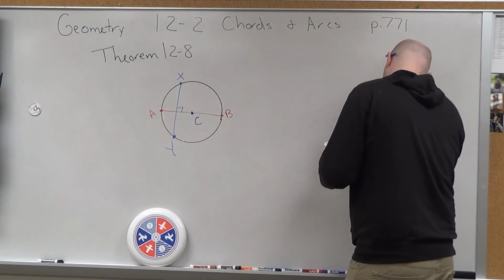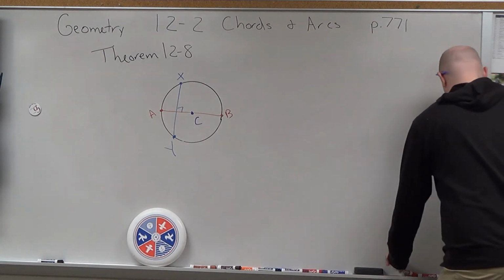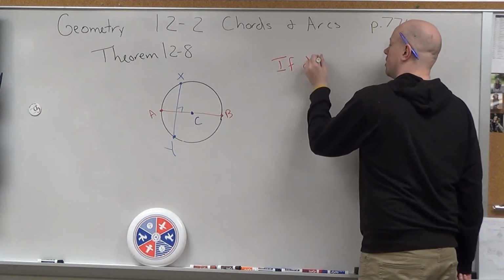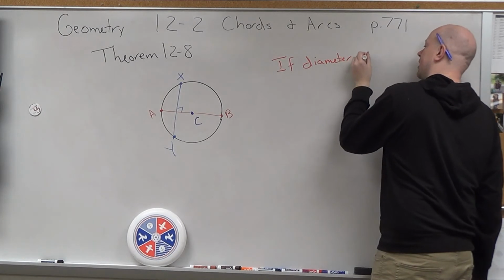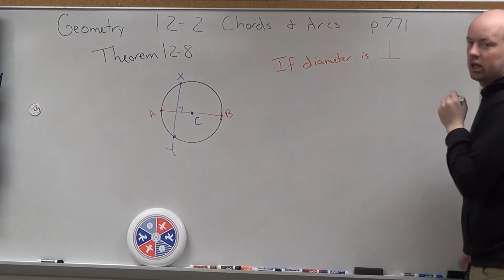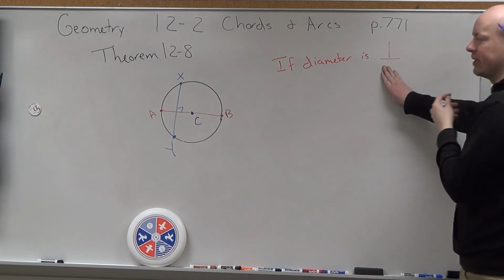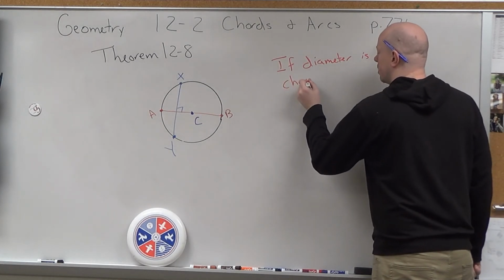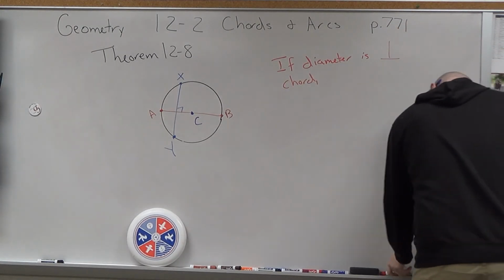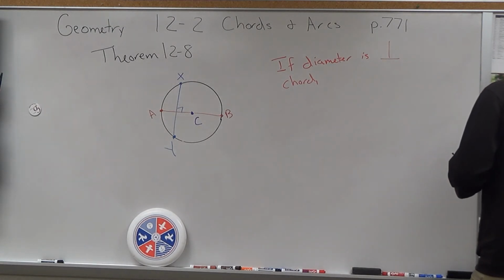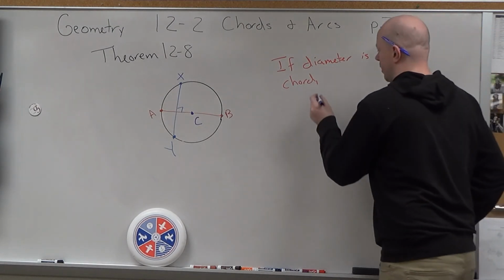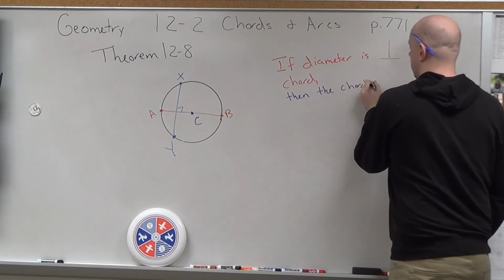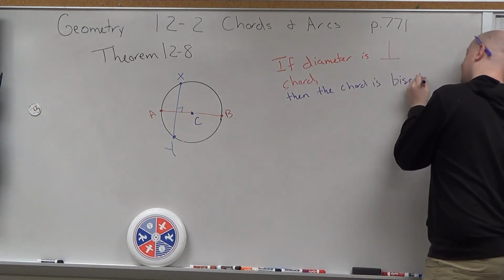So, if diameter, so if my diameter is perpendicular, remember that's the symbol for perpendicular, upside down T, perpendicular means it forms a right angle, which it does. If diameter is perpendicular to a chord, then the chord is bisected.